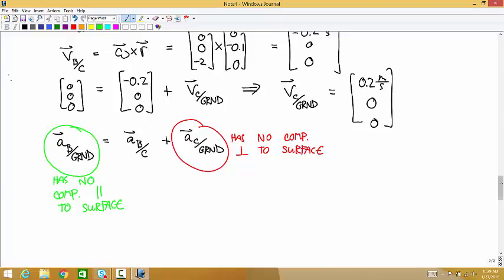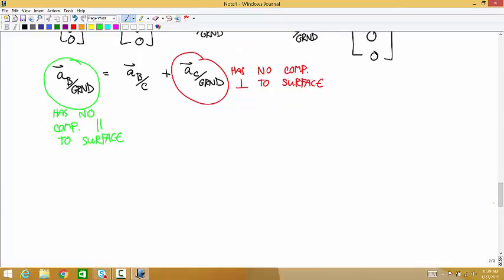All right, so what do we know? So the acceleration of B relative to the center. This is a circular motion, assuming that center was fixed.